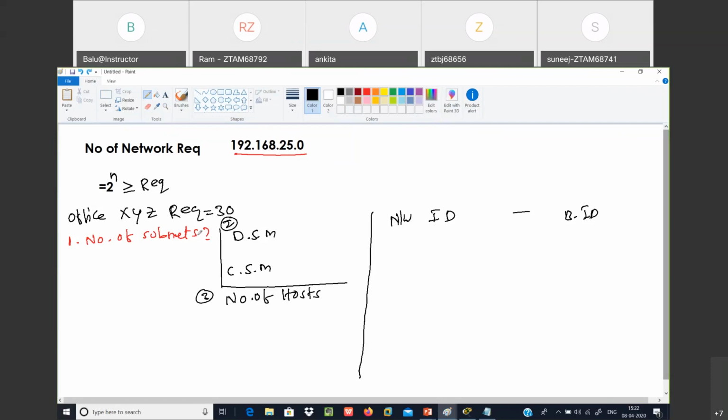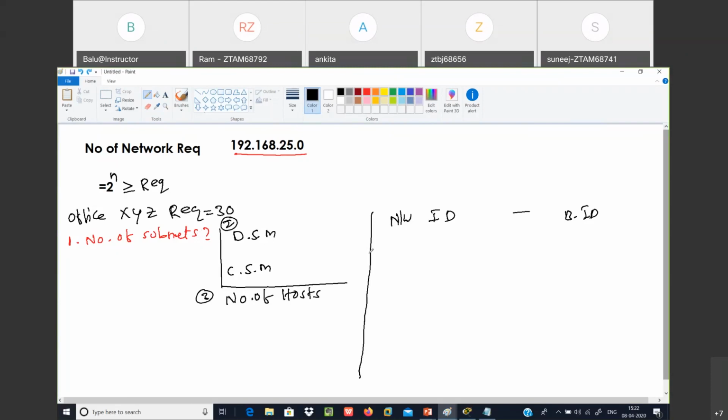Right. Number of hosts. Total number of hosts are how many? Total number of hosts is 8. How many usable hosts? Valid hosts are 6. Good. Fine.